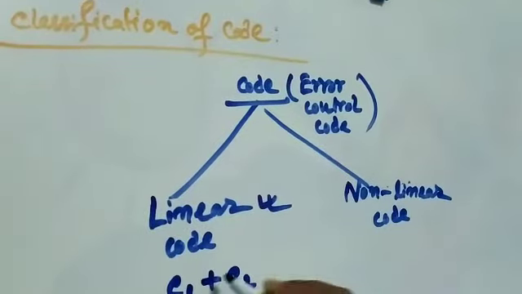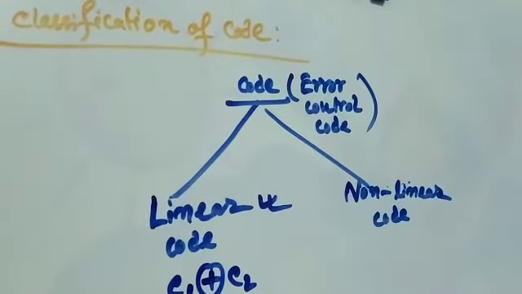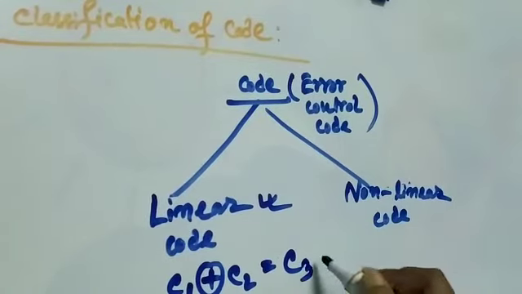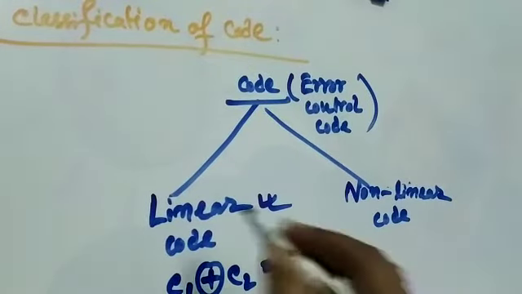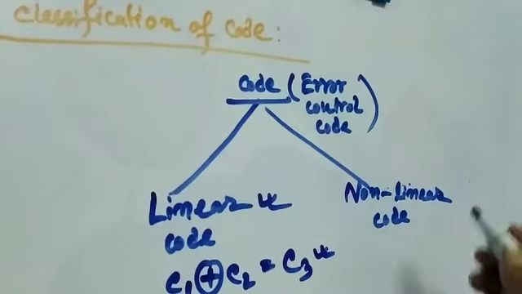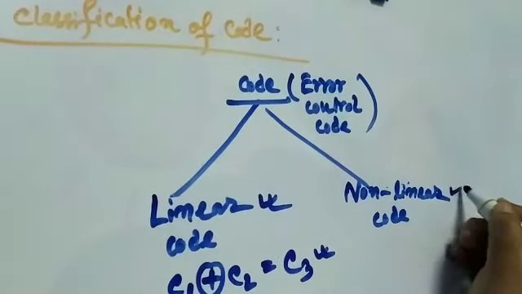If we add them with modulo 2 addition, the summation will create another code word, C3. This C3 is also present in that linear code.